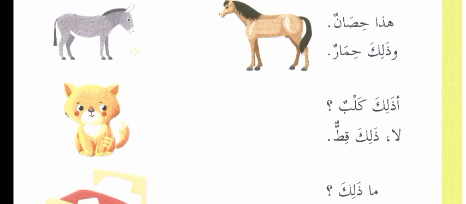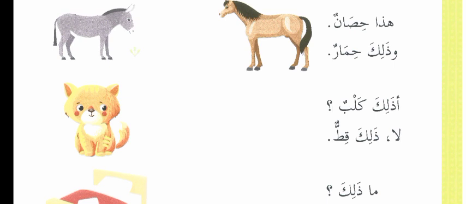أذلك كلب, the hamza is added at the beginning. It is used for questioning as well. Like in English we say this is a cat. So if we want to ask someone to prove that this is a cat, we say is this a cat?